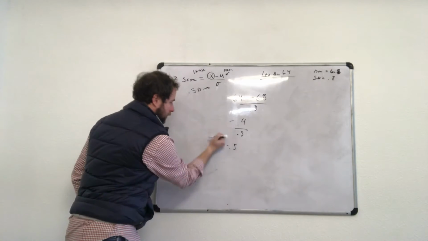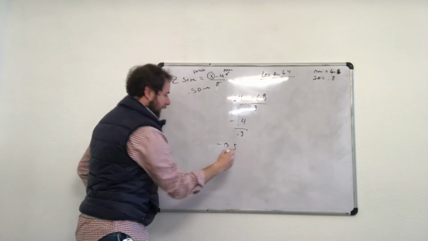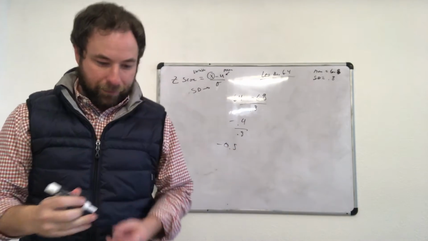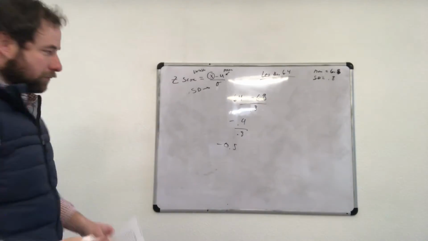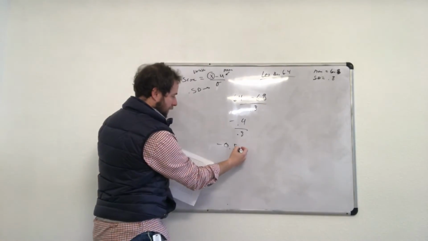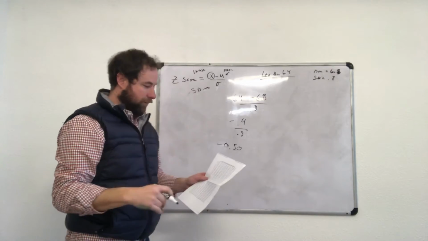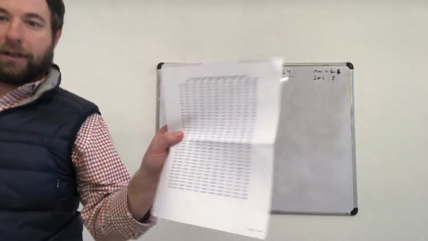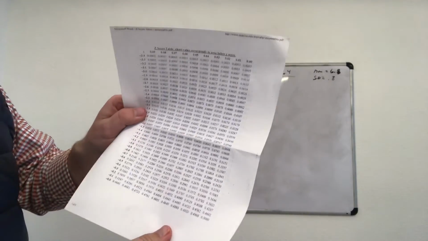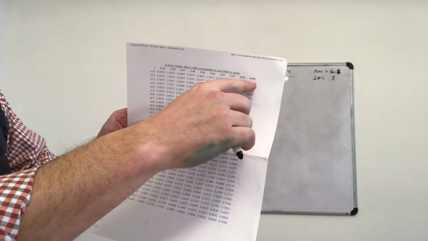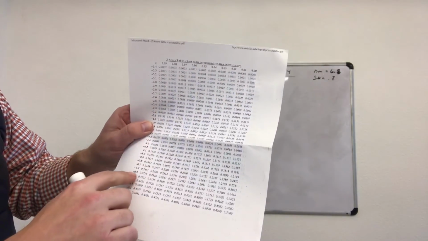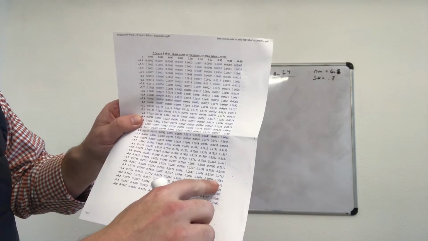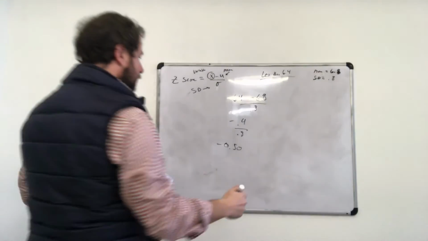On this scale, you would go to 2 decimal places, so it'd be negative 0.50. Now, you're going to get a table in class, and we'll use the negative side, and we go down to negative 0.5, and then on the top, it's negative 0.50. So you take it all the way over, and you get 0.3085.